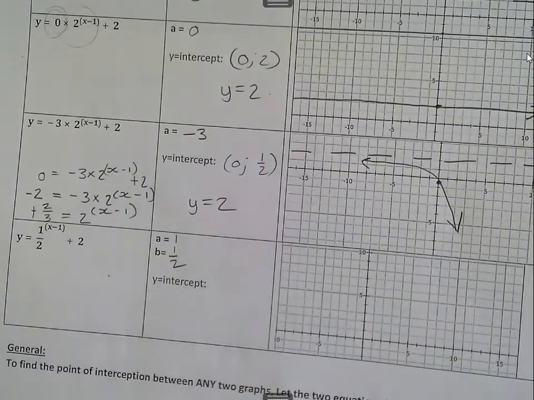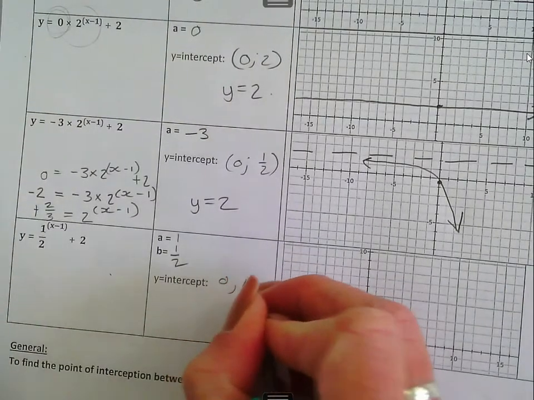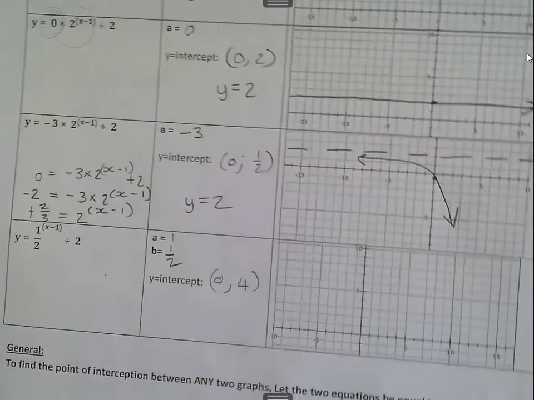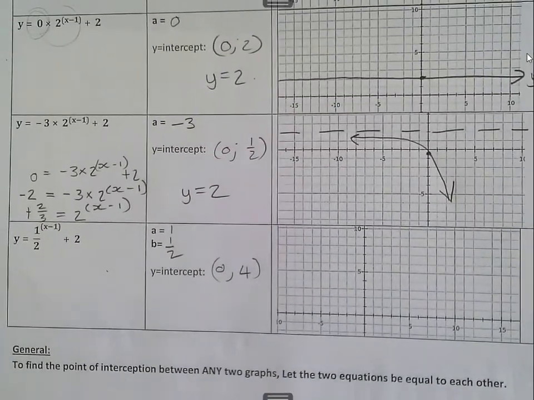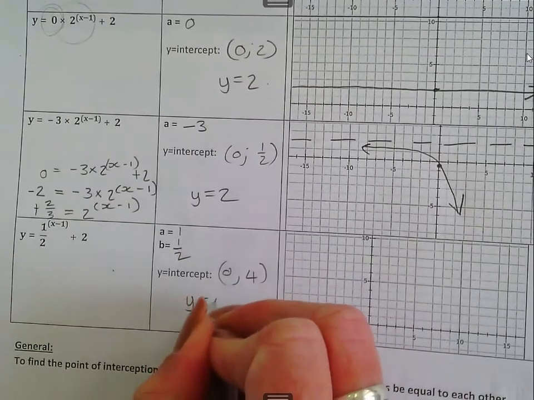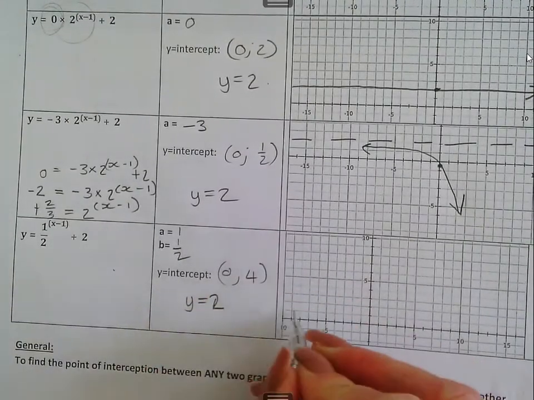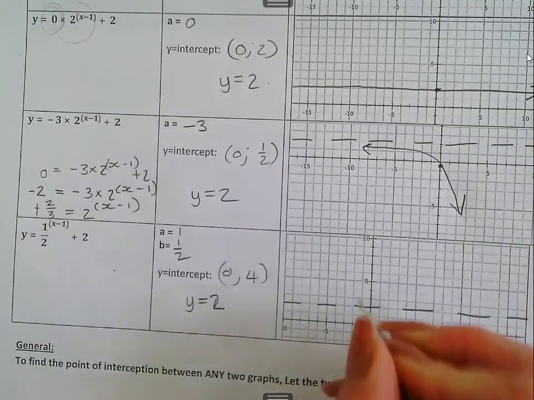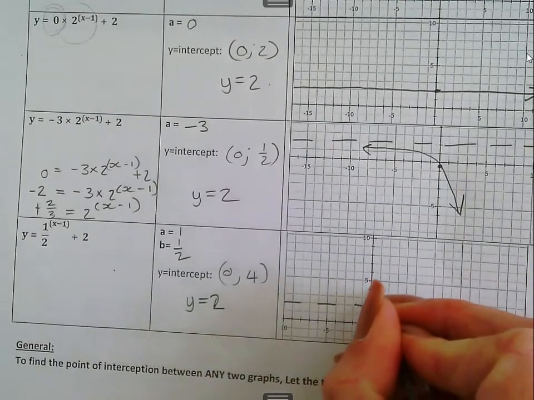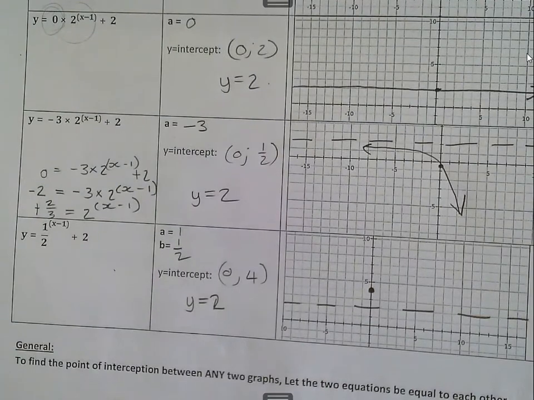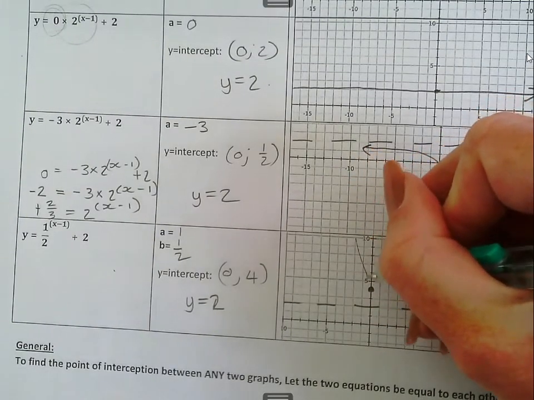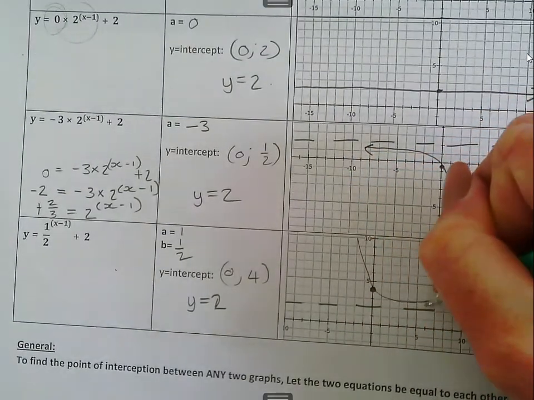It gives me an answer of 4. What is my asymptote? I put in my asymptote. The intercept is at 4. What's this graph going to look like? Now it's going to start at the top, and it's going to go down.